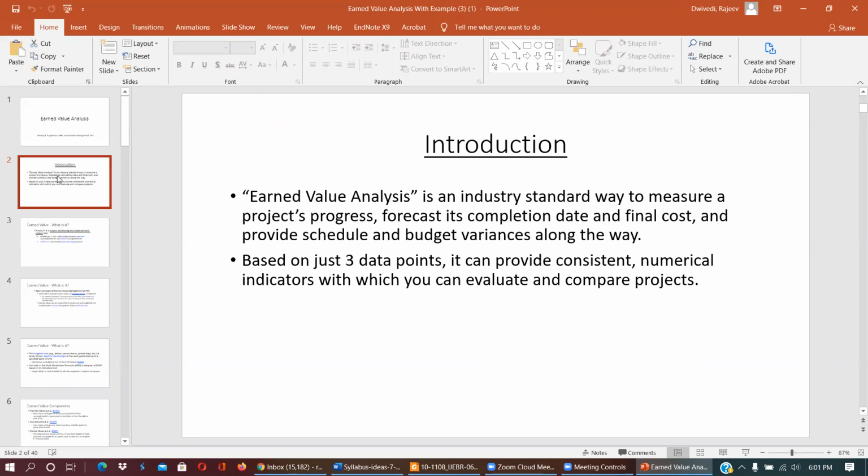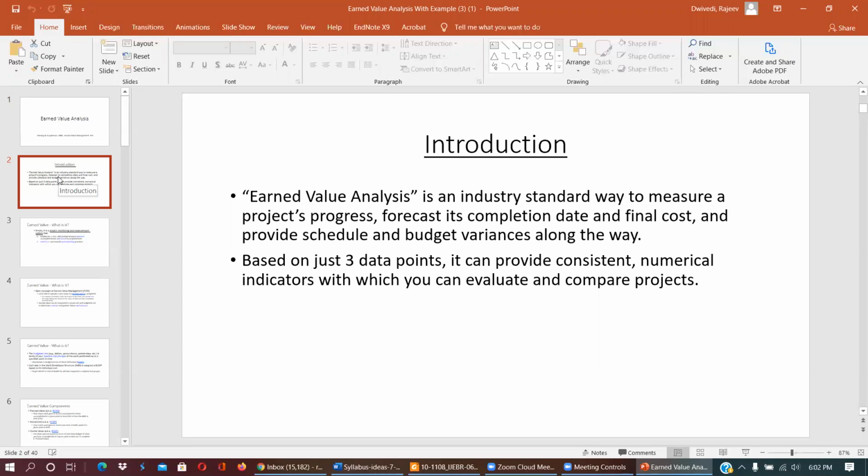Earned value management, or earned value analysis, is an industry standard way to measure project progress, forecast its completion date and final cost, and provide schedule and budget variance along the way. Based on three data points, it can provide consistent numerical indicators which you can use to evaluate and compare projects.